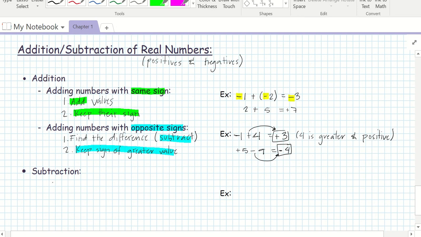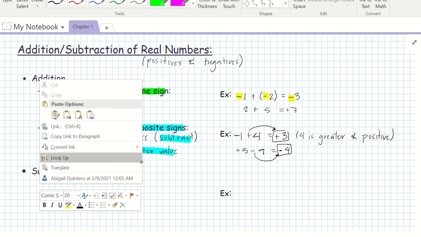Now let's talk about subtraction. Subtraction is pretty similar to addition. It's just that subtraction is the inverse. So we're going to have to do the inverse of some of the values at one point.